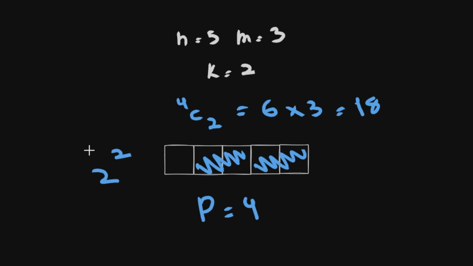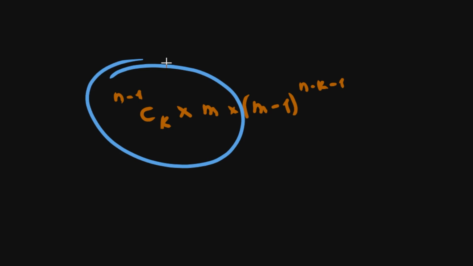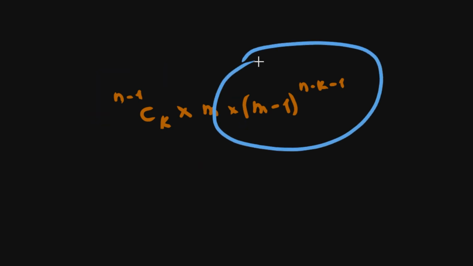And finally, remember, this is a new task, and we need to add this task here. And the way to add tasks is through multiplication. So 18 times 4 is 72. So this is the final result, and just to be clear, we will use this formula. This is for the first part, and this is for the second part.